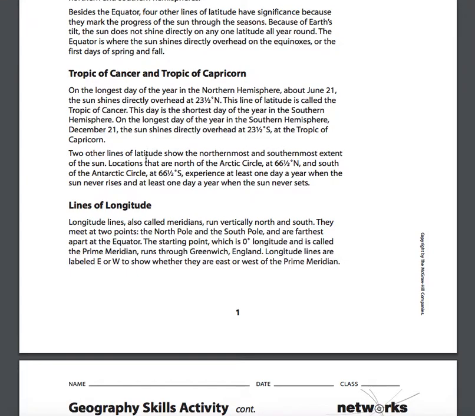2 other lines of latitude show the northernmost and southernmost extent of the sun. Locations that are north of the Arctic Circle at 66.5 degrees north and south of the Antarctic Circle at 66.5 degrees south experience at least one day a year when the sun never rises and at least one day a year when the sun never sets.